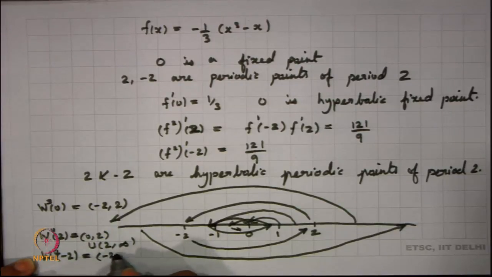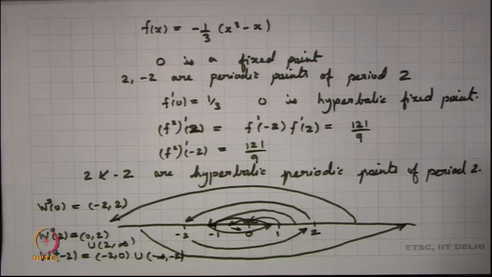So, this becomes -2 0 union minus infinity -2. So, the unstable set of 2 and the unstable set of -2, both cases remain the same. So, we have this hyperbolic periodic point where the absolute value of the derivative at the period is not equal to 1.